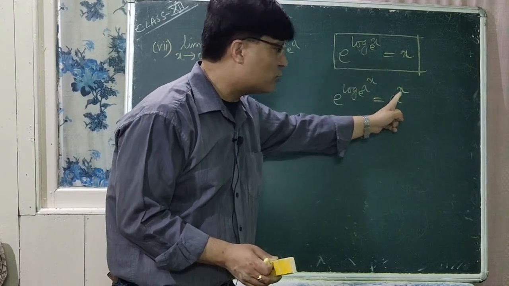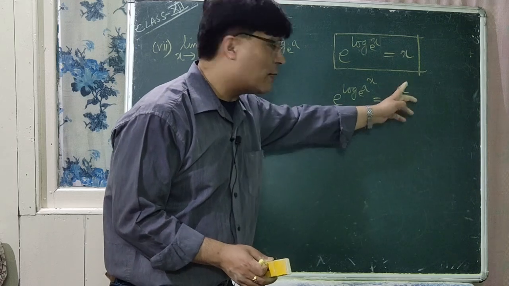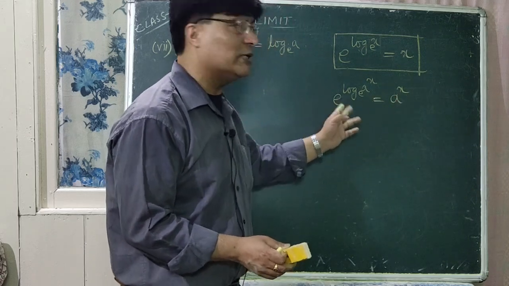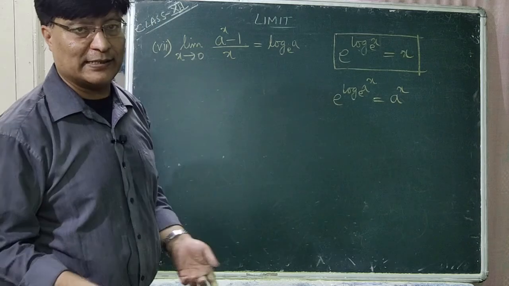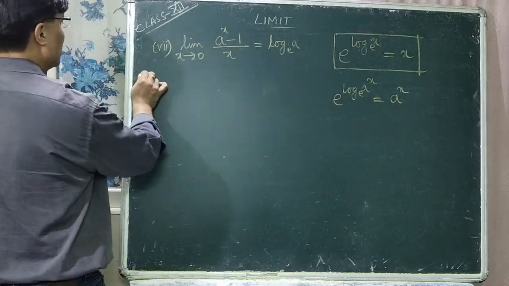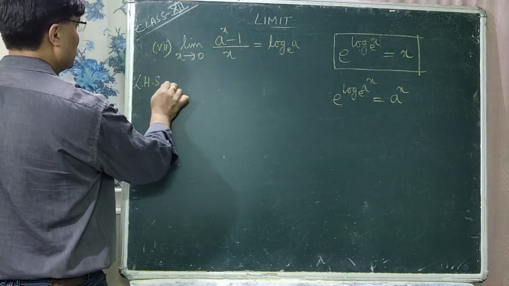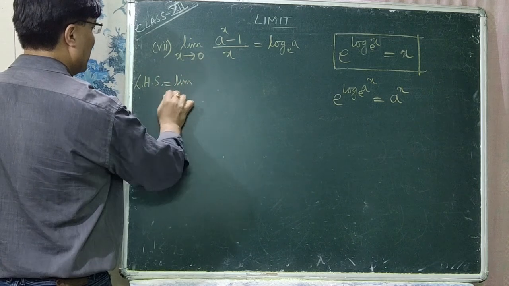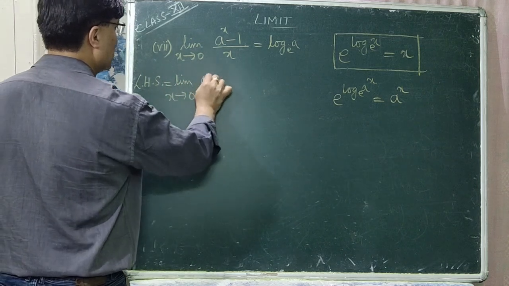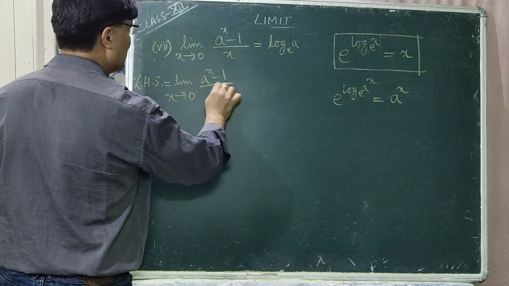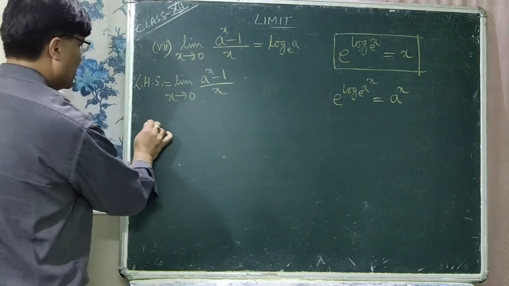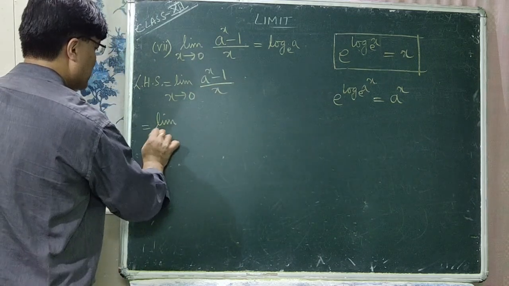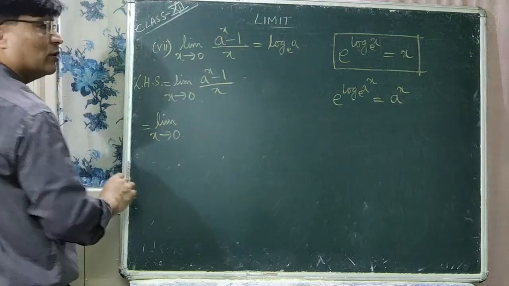So a to the power x can be written as e to the power log a to the power x base e. So let us write it here. This left hand side is equal to limit x tends to 0, (a to the power x minus 1) whole divided by x, which is equal to limit x tends to 0.